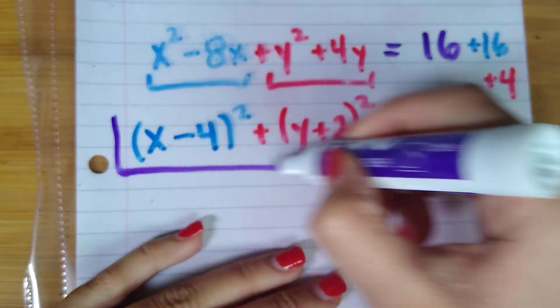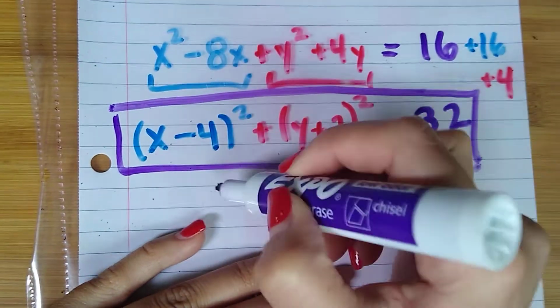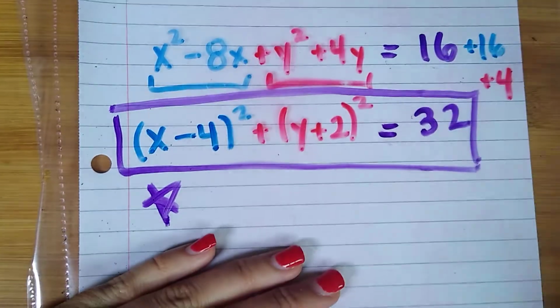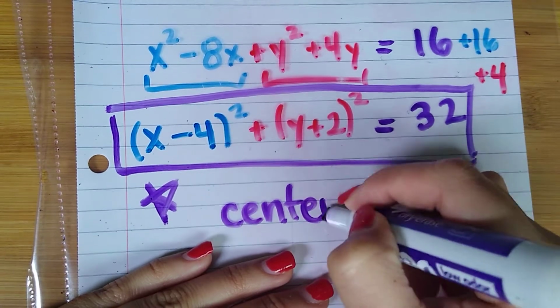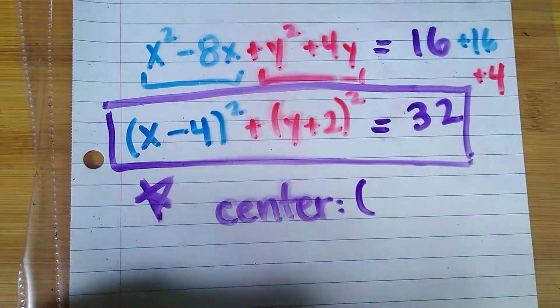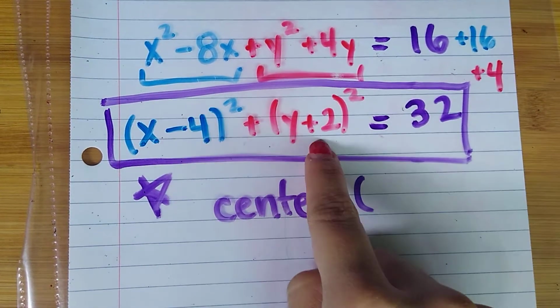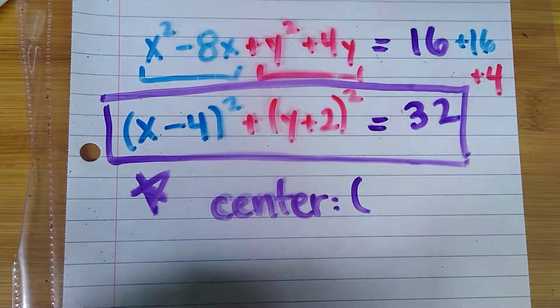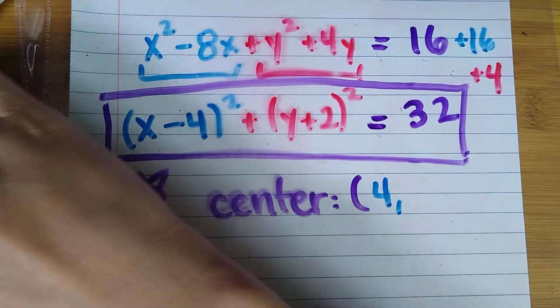So now we have what we wanted. We have our standard form, and we have a center at 4, -2.